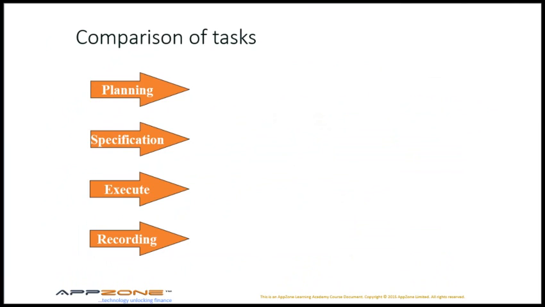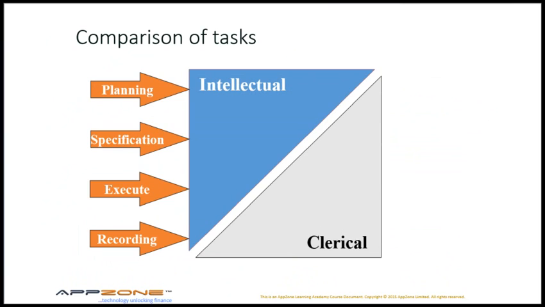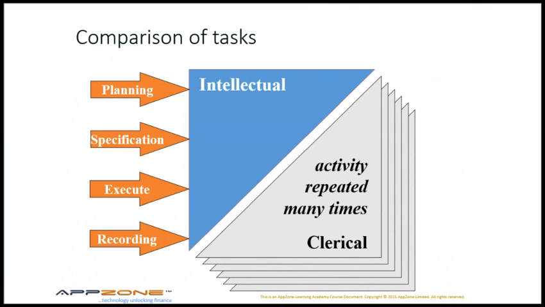So let's look at all of these tasks, a comparison of all of these tasks from planning to specification to executing and recording. The more you go into all of these tasks, the less the intellectual work. So you have more of the intellectual work at the beginning of your activities, but more clerical work as you proceed, and that is why automation becomes necessary, like we're going to see.